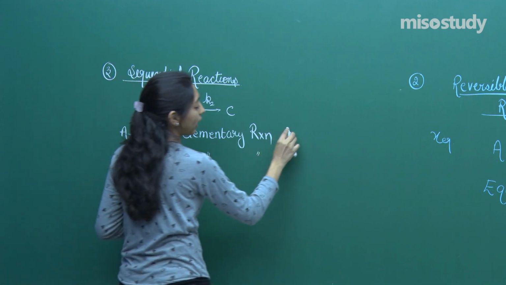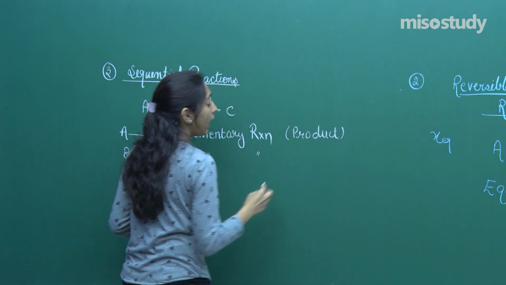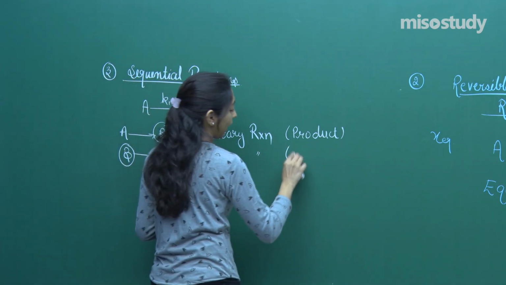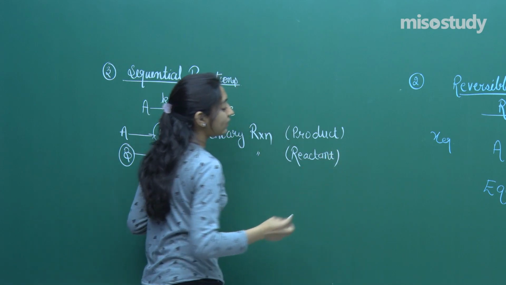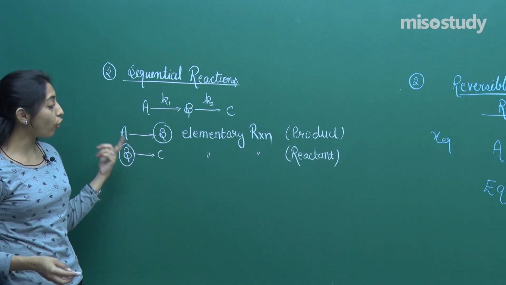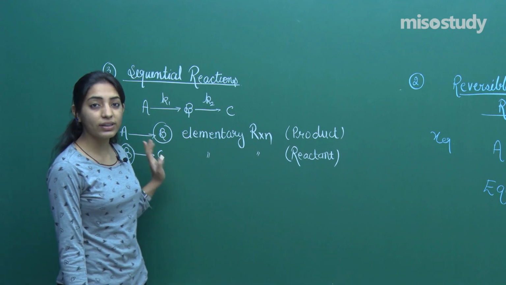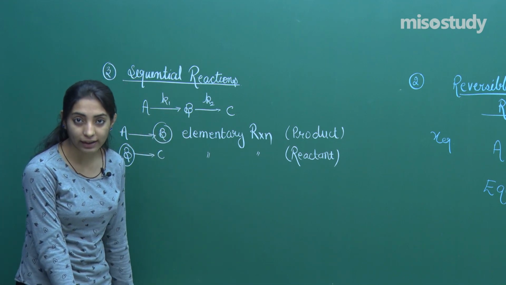Here in this elementary reaction, B was the product, and here in the second elementary reaction, B is going to act as a reactant. So we said that the product of one of the elementary reactions is going to act as the reactant of another elementary reaction, okay? And thus we had said that now we will be having the discussion about the sequential reactions.